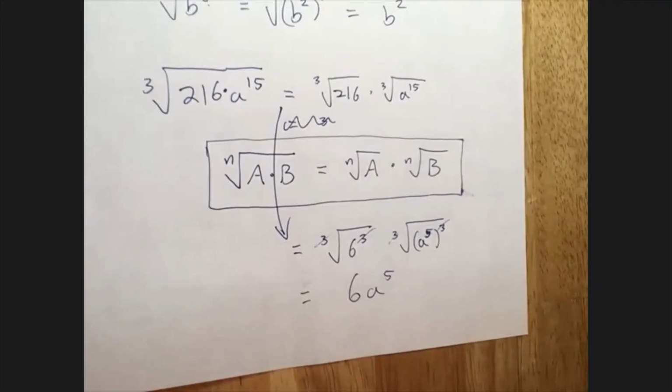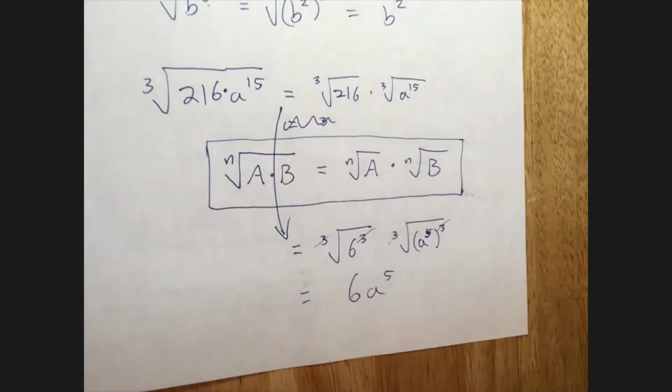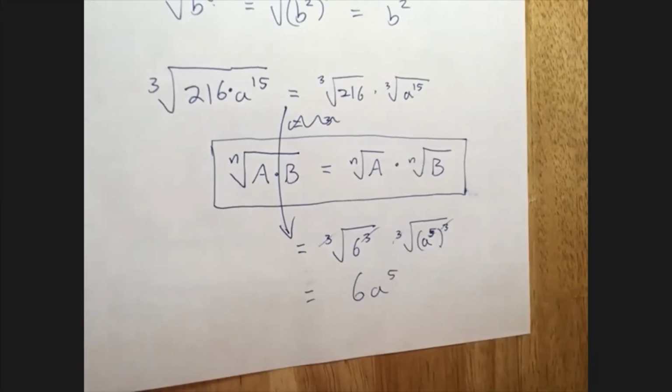So when you have a product of things, you can just break it apart like this and just do them individually. And you might see more than one number or variable in there. Okay, let's do one more.